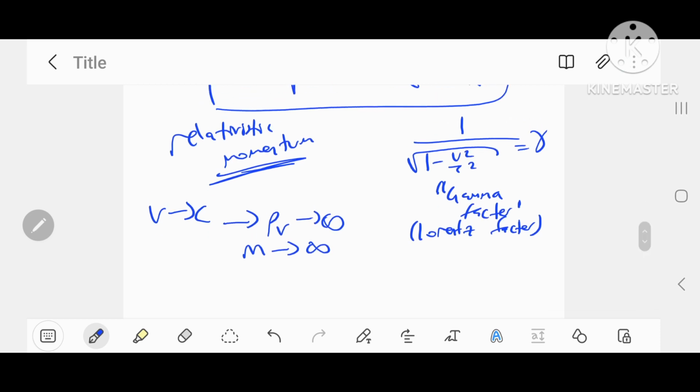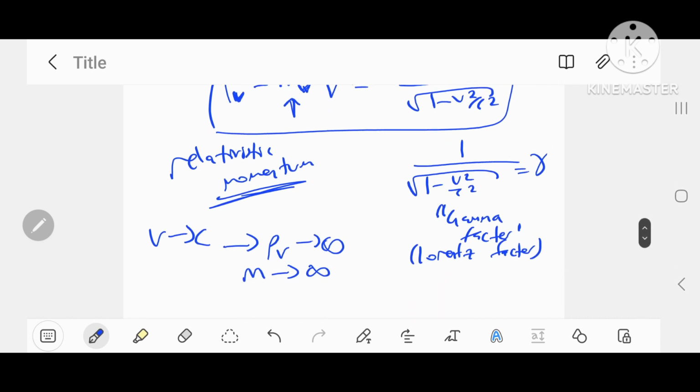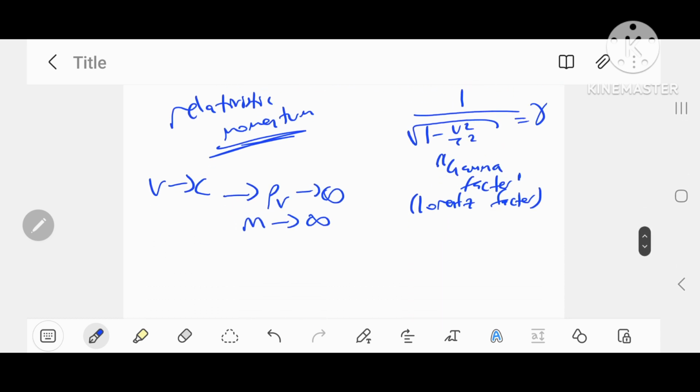As you approach the speed of light, you need more velocity and also more mass, to ensure that P equals mv, this relativistic expression, is maintained. So momentum approaches infinity because your mass approaches infinity.